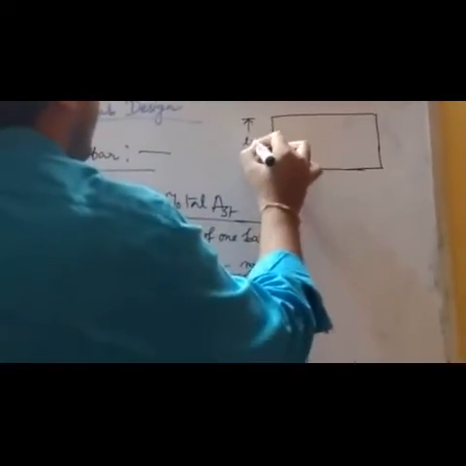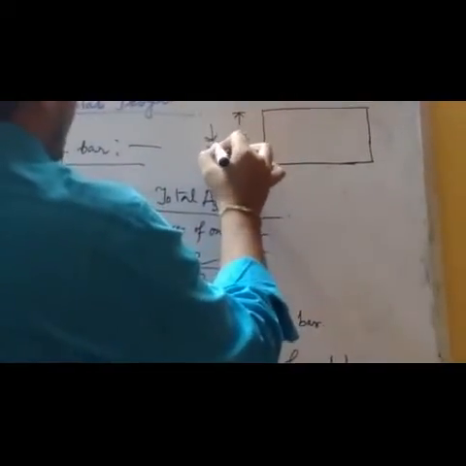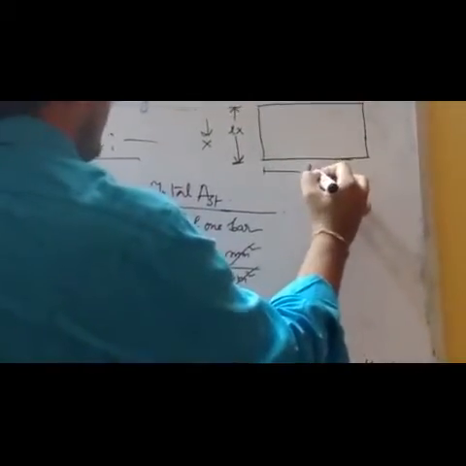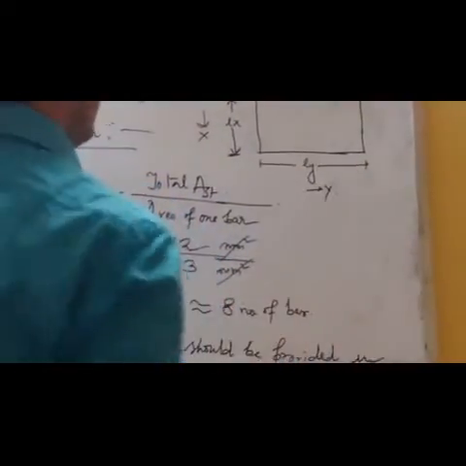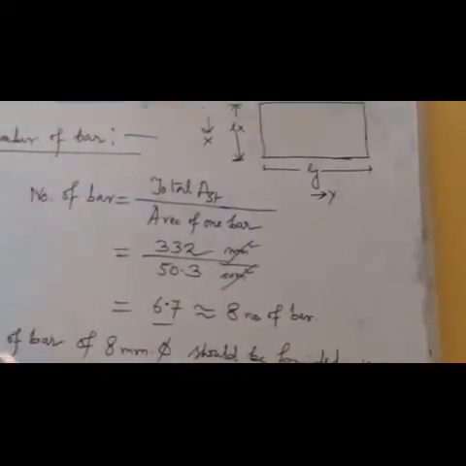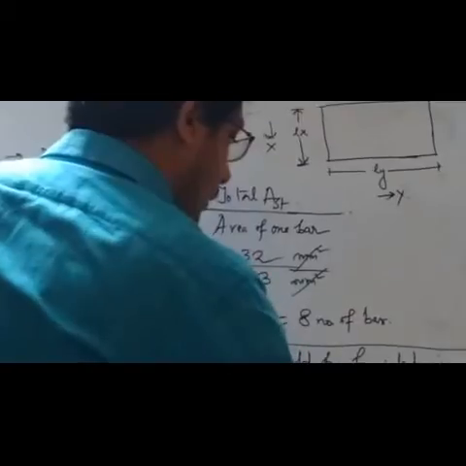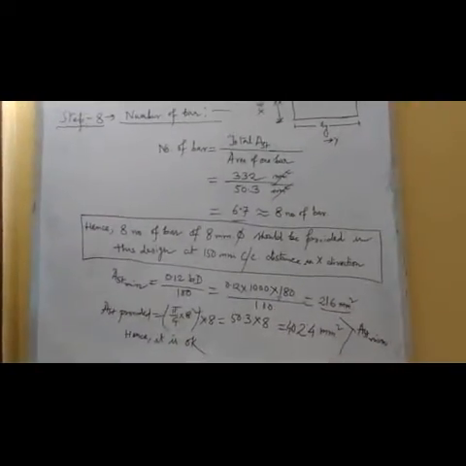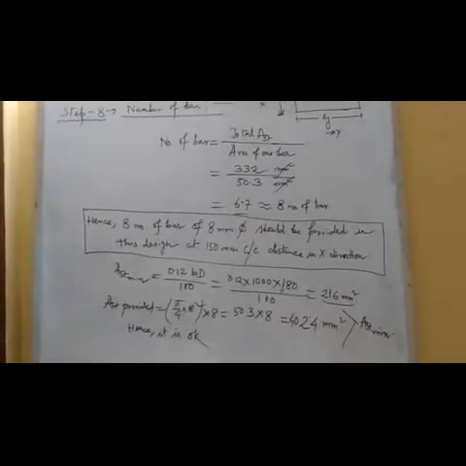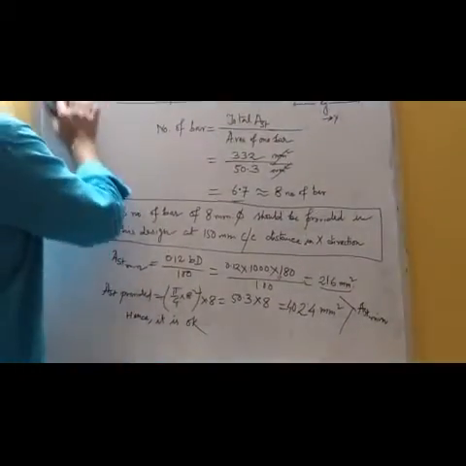One is the shorter dimension, denoted by Lx, which is in x direction, and the other is Ly, the longer span, which is the y direction. All the reinforcement data which we have calculated is related to x direction. Now we have to find the design of reinforcement in y direction in step number 9. Please come to the next step, step number 9.